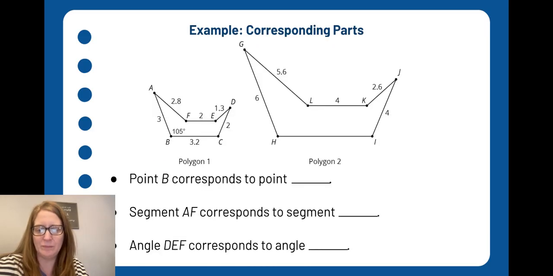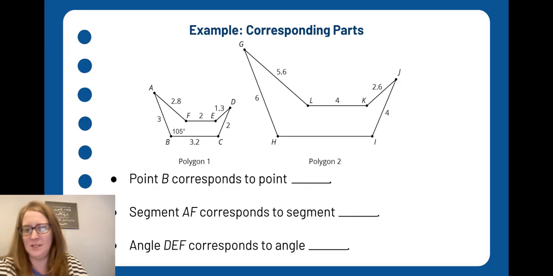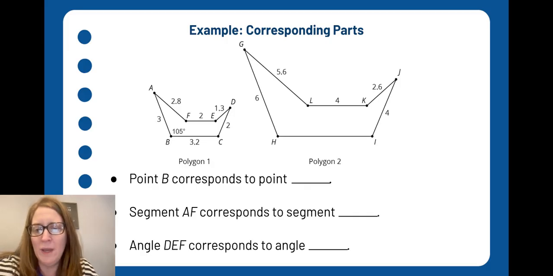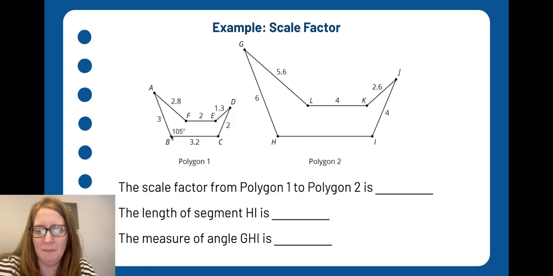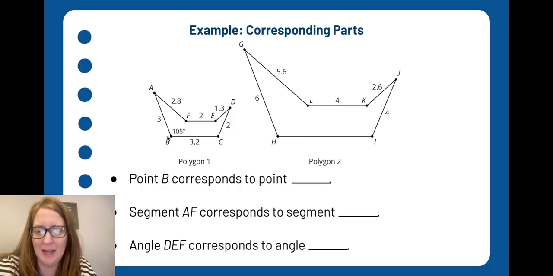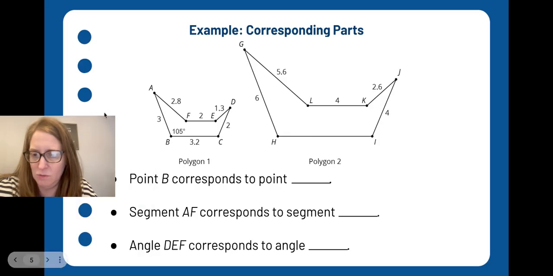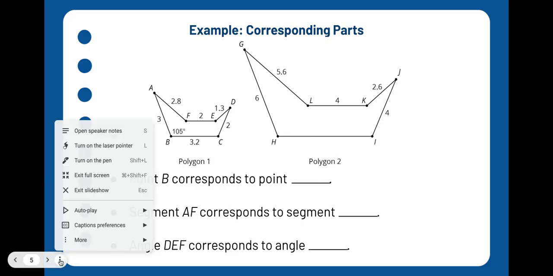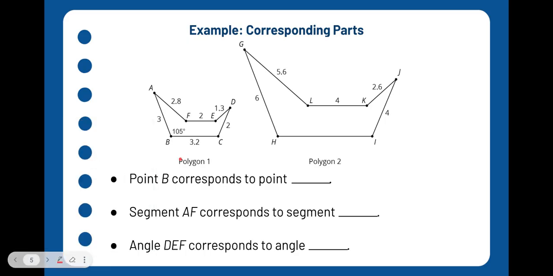All right, so let's look at this last part here, the corresponding parts. There's a lot going on right here, but let's focus in. Point B corresponds to point what? So if you look at it, this is point B. And it corresponds to point H. So make sure in this one you write H. I don't think I have the ability to, hang on. Here, let me turn on the pen. H. There we go.